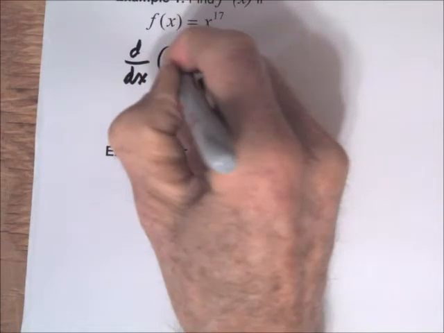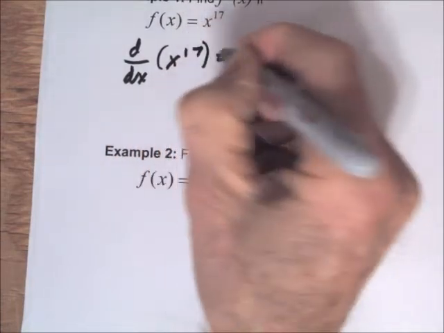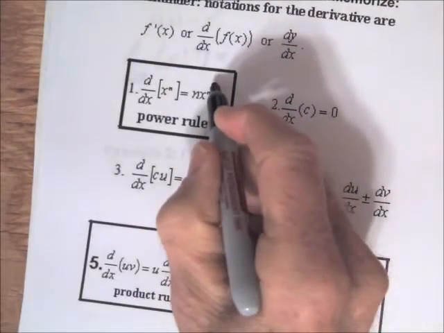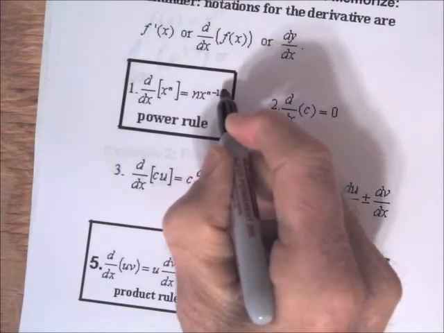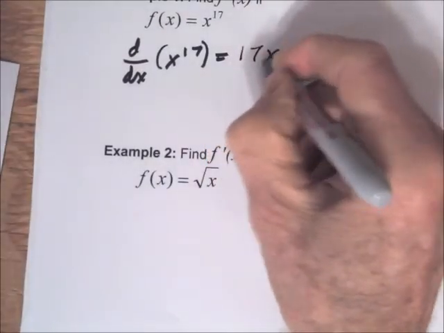So we want the derivative of x to the 17 power, so we can use the power rule. The old exponent comes out in front, and you take one away from the old exponent. So it's going to be 17 times x to the 16.